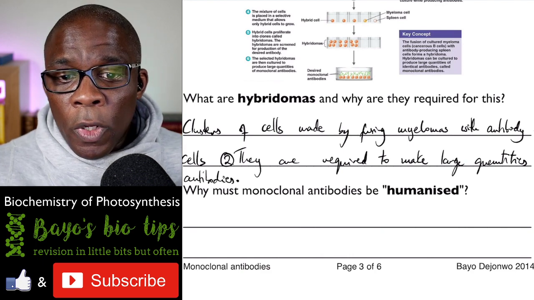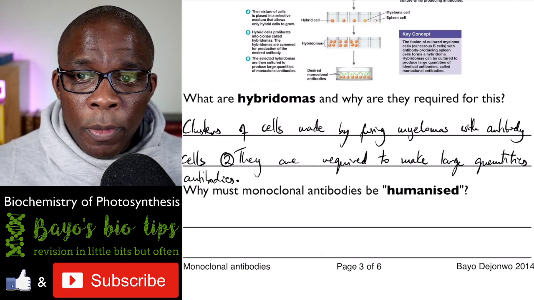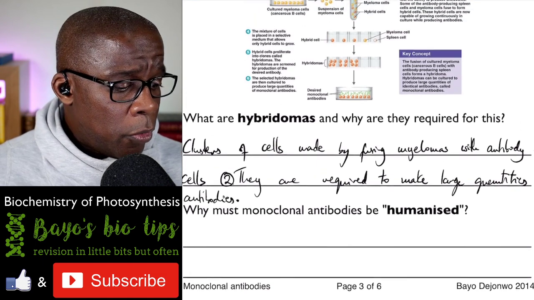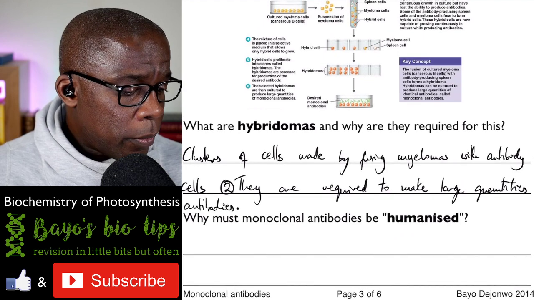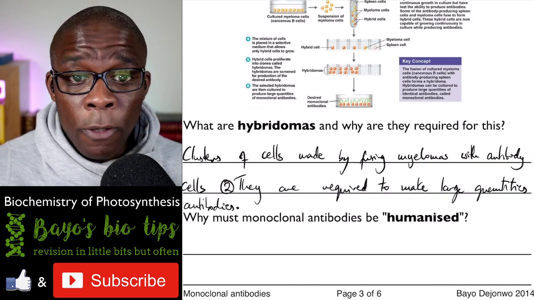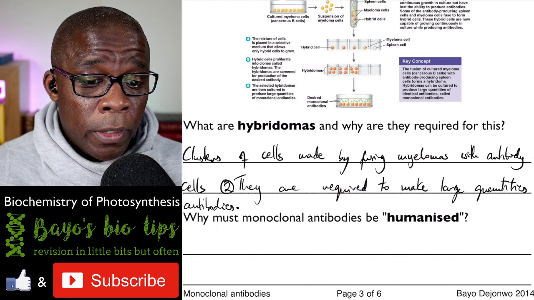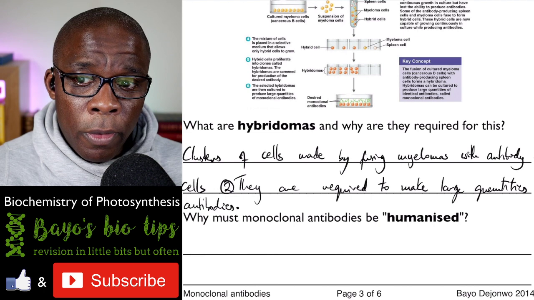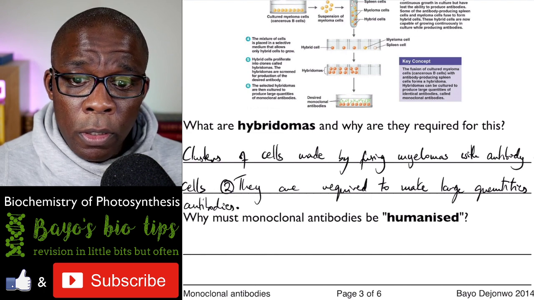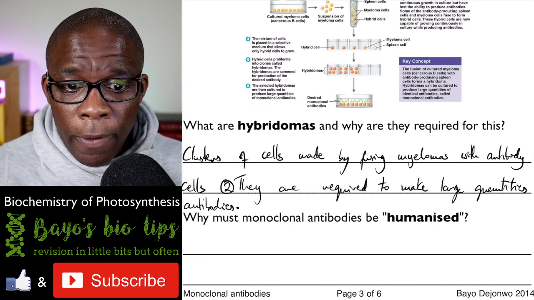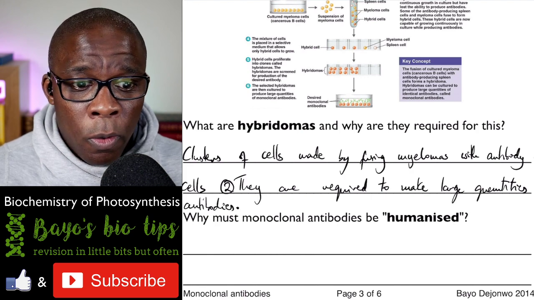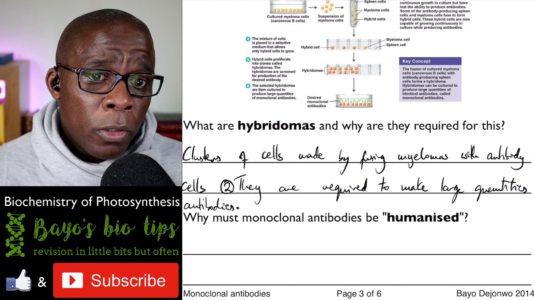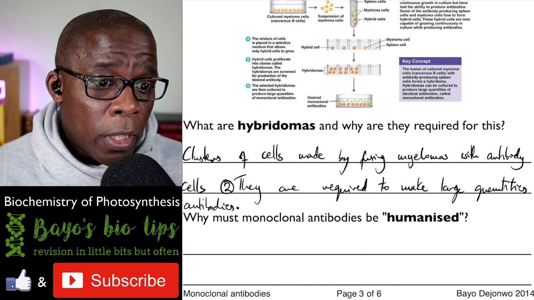So next, why must monoclonal antibodies be humanized? Using this sort of process, you're probably going to be using cells sourced from something like a mouse. The problem with that is that the antibodies from mice would be so different from the antibodies found in the humans you're trying to treat that they probably wouldn't work. So in essence, what you're trying to do is make them more similar to the antibodies you would naturally find in a human.